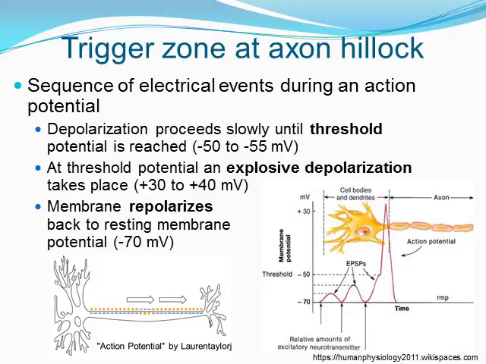Now, in order for an action potential to be expressed, you need an opening of the voltage-gated ion channels in the trigger zone of the axon hillock. So imagine the graded potential that's occurring in the dendrites and the soma, the cell body, and then the axon hillock coming off of that.